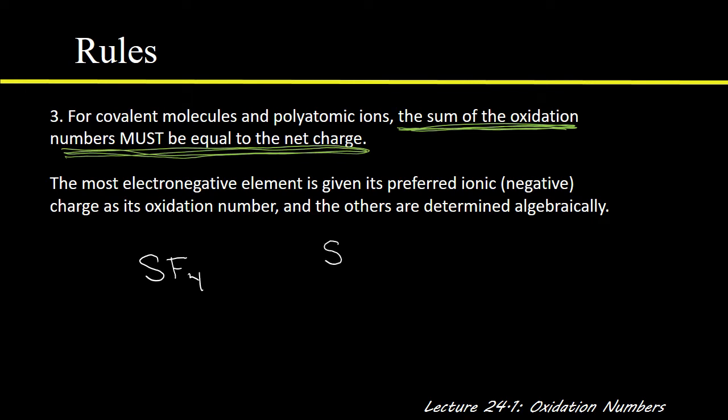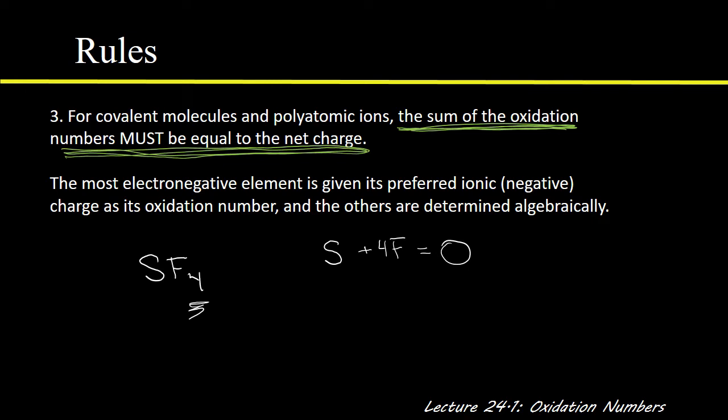I'm going to use S for the oxidation number on sulfur and F for the oxidation number on fluorine. But notice we've got 4 of those, so I'm going to put a 4 here. This is equal to the net charge, which is 0. So we would read this, the oxidation number on sulfur plus 4 times the oxidation number on fluorine has to equal the net charge, which in this case is 0.